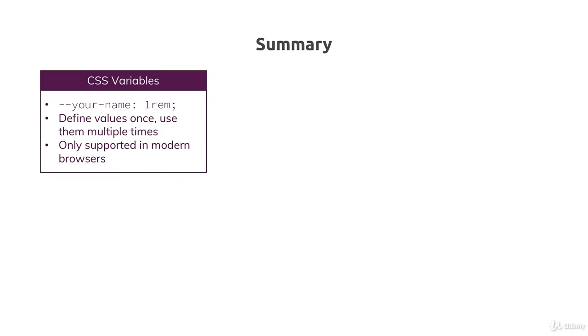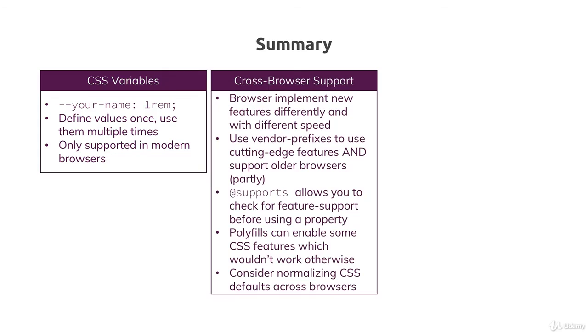We also had a detailed look at cross-browser support. We learned that browsers implement new features differently and with different speed. Until there is a clear recommendation, then they typically all have it implemented in the same way. And we can use vendor prefixes to already take advantage of some cutting-edge features and also to support older browsers, which might implement a certain feature with that vendor prefix at least.